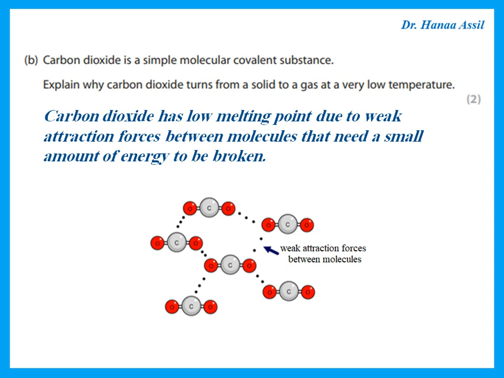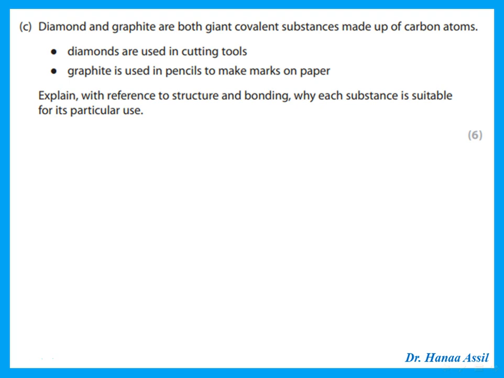That is because they have weak attraction forces between molecules that need a small amount of energy to be broken. So if he says anything has low melting point, it is due to weak attraction forces between molecules that need a small amount of energy to be broken.